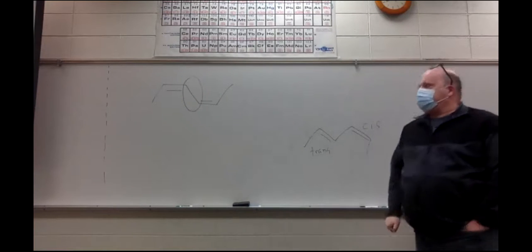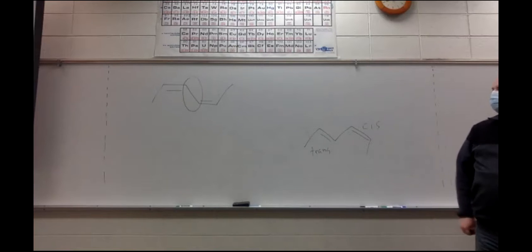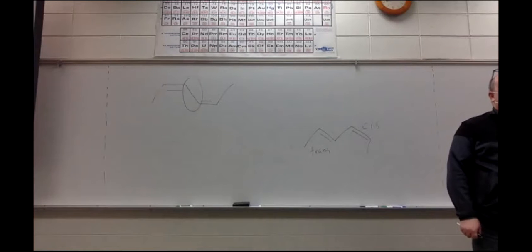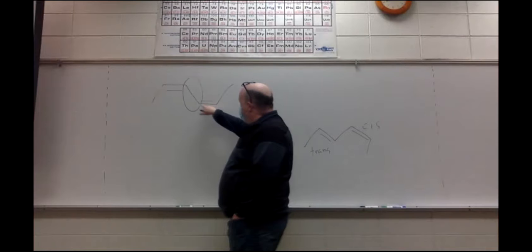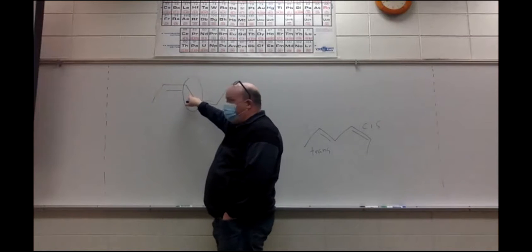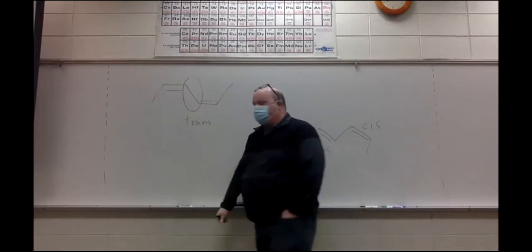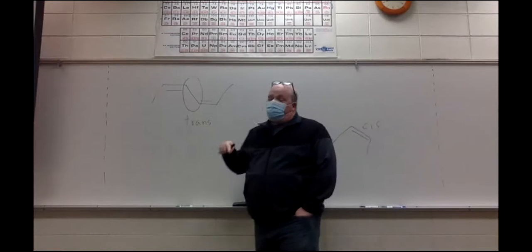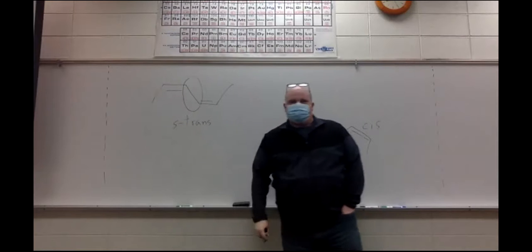Are they going in the same direction or opposite directions? This one's going one way, this one's going the other, around this. So that resembles a trans relationship. Since we're describing double bonds around a single bond, we call it S-trans.